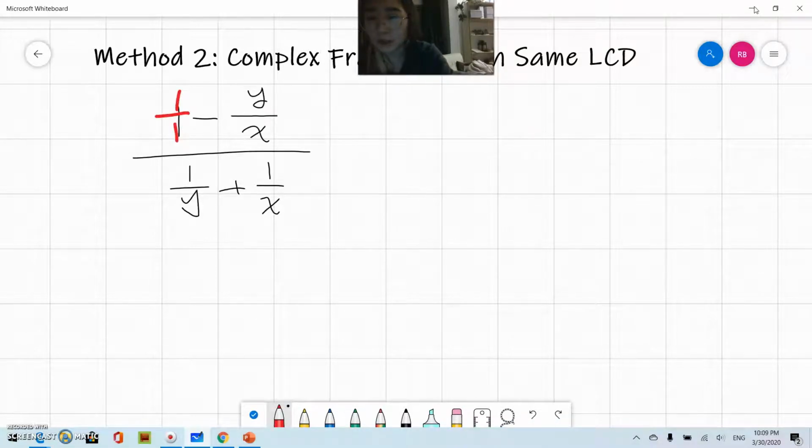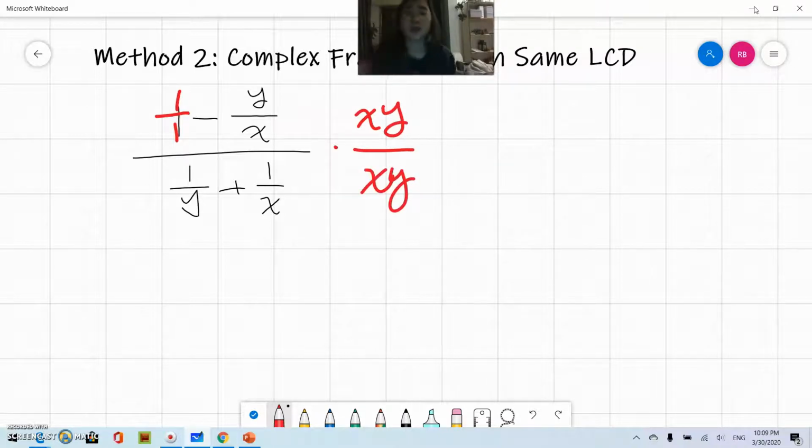This is 1 over 1, right? So you have 1, x, and y and x as denominators. So the LCD of all of them will be xy, correct? So what it does is multiply xy on top and xy on the bottom. You're not really changing any value because xy over xy is 1. But it has a kind of simplifying effect on your complex fraction.